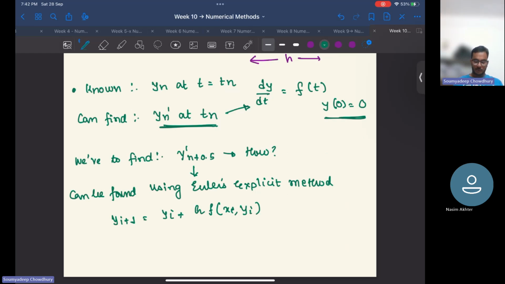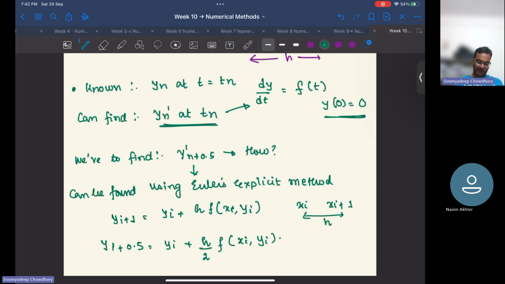This equation gives you yi plus 1 at xi plus 1, where the gap is h. Here my gap is not h. We are trying to find yn plus 0.5, so yi plus 0.5 will be yi plus h by 2 times f of xi, yi.